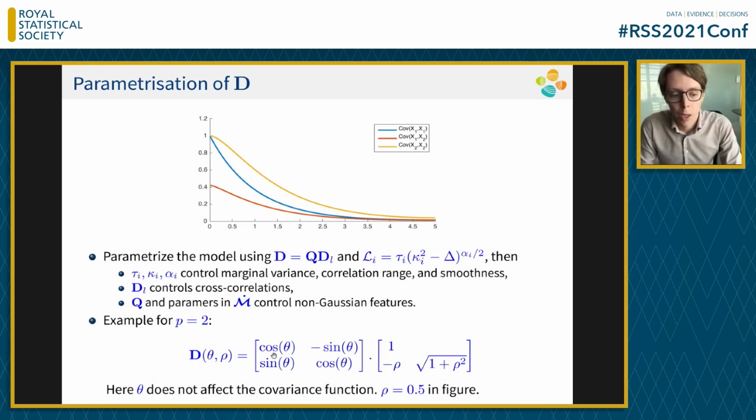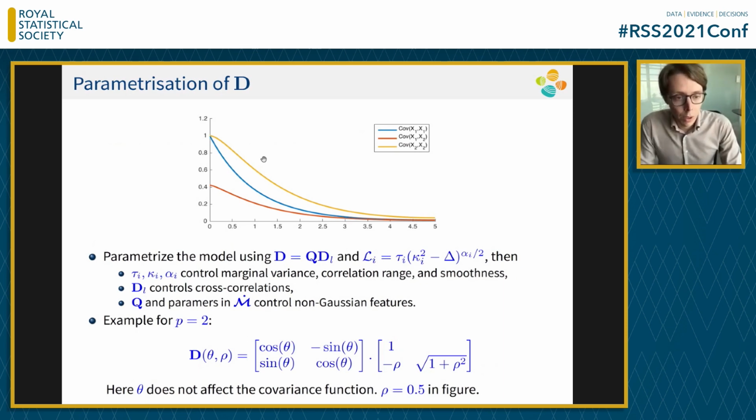So we have two parameters, theta and rho, where rho will determine the cross correlation between the two dimensions, and theta will not affect the covariance at all. So for Gaussian models, you can just pick that to any value, and it will give you the same model. I will get back to what that parameter is actually doing for non-Gaussian models a bit later.